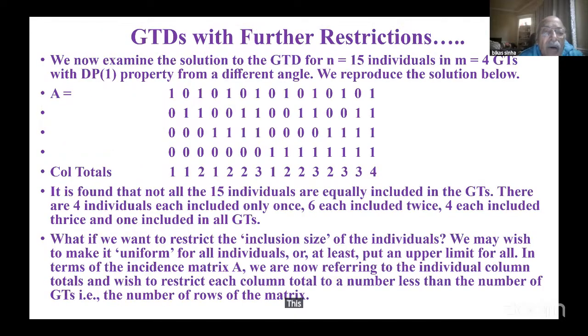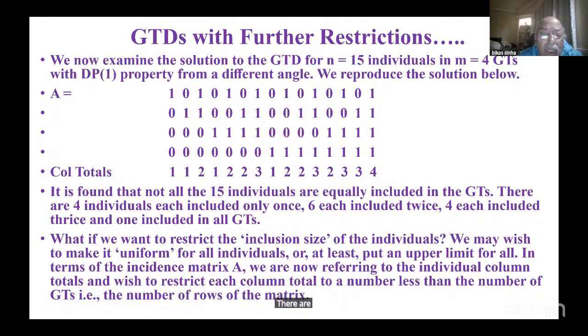This is another interesting example. Here is the solution for 4 group tests from a different angle. It is found that not all the 15 individuals are equally included in the group tests.